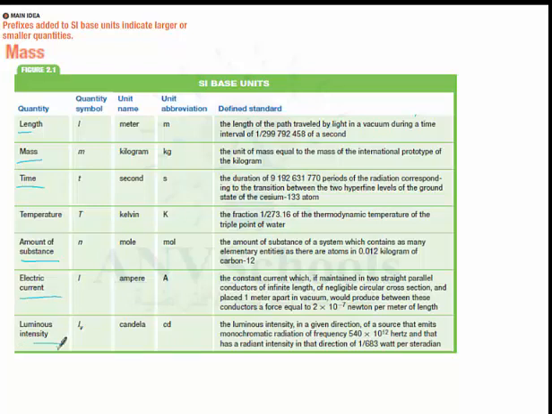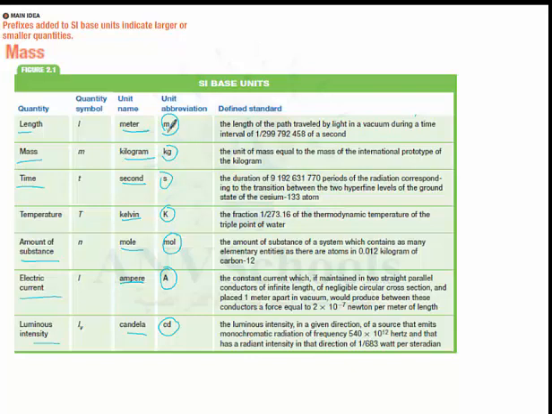As we looked at all of them, we said we have candela, amp, mole, Kelvin, second, kilogram, and meter. All these 7 have symbols.